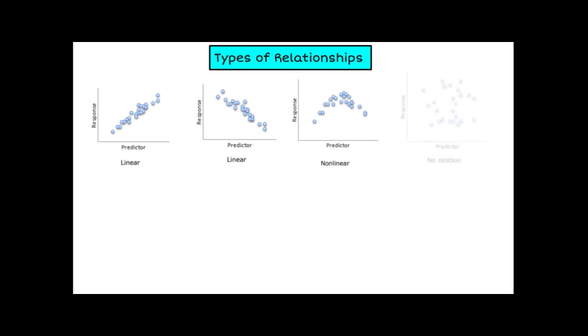So this one displays a linear relationship between the predictor and the response. This is also a linear relationship between the predictor and the response, but in a different direction. So the relationship is nonlinear in this case between the predictor and the response, and no relation at all for this particular picture.